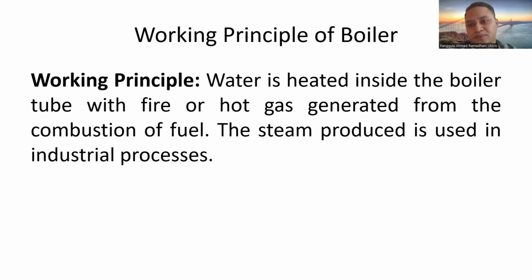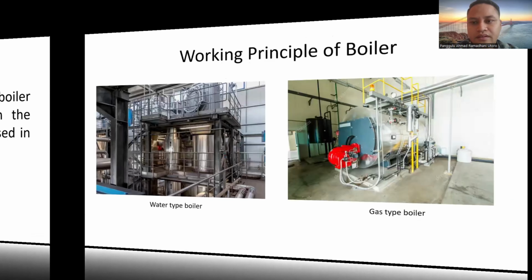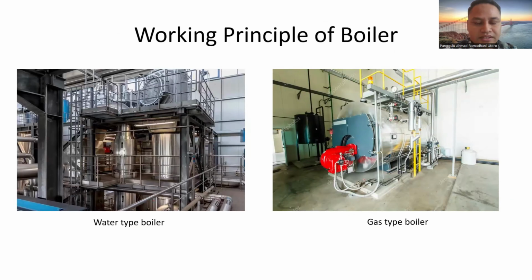Many industrial processes use boilers. This is the picture showing the differences between the types of boiler. The first picture is the water type boiler, and the second picture is the gas type boiler.